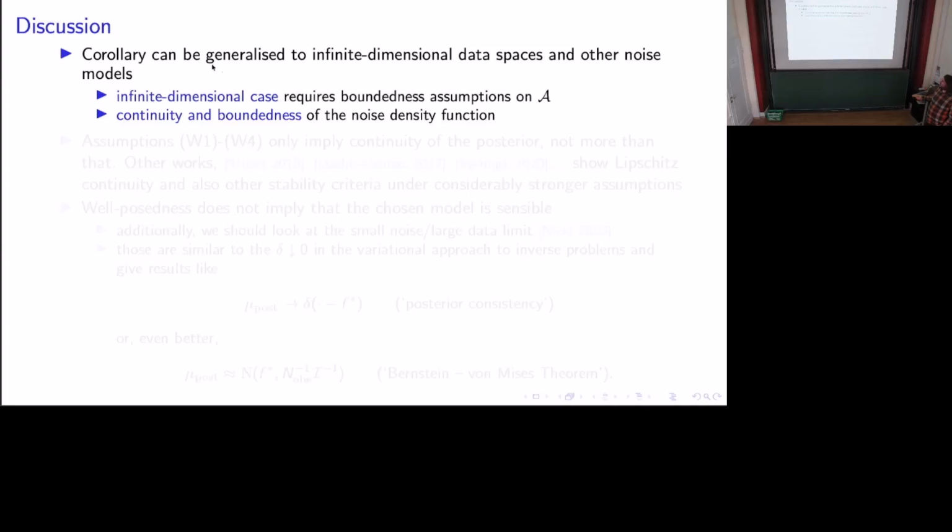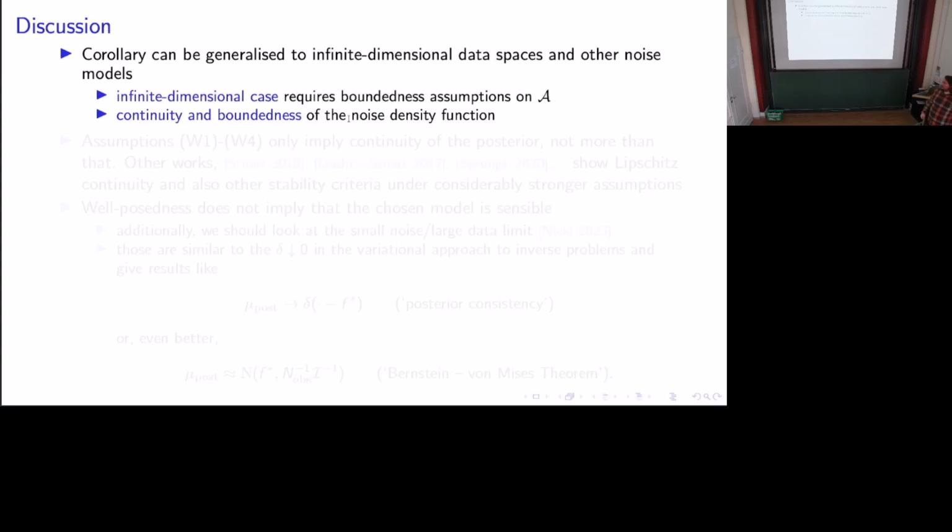There's some more discussion. Can we do this for infinite dimensional data spaces? That's not so easy, that's a bit more difficult. When you observe functions, within Gaussian white noise in infinite dimensional spaces, then you get a more complicated likelihood, and then you may need boundedness assumptions on A, because the likelihood is not a nice norm squared anymore.